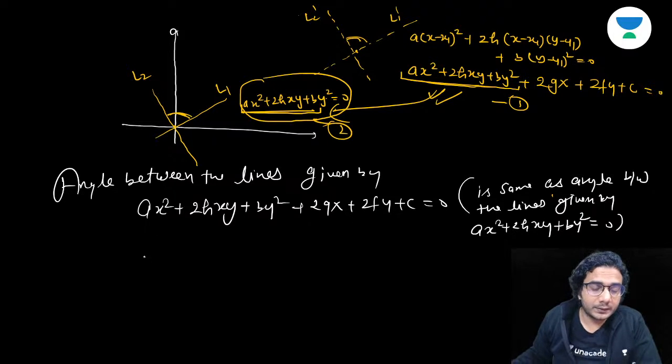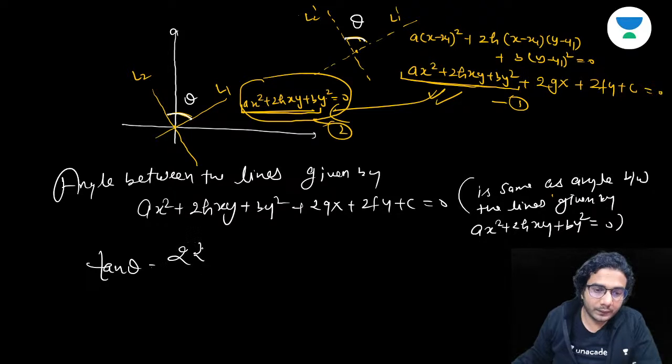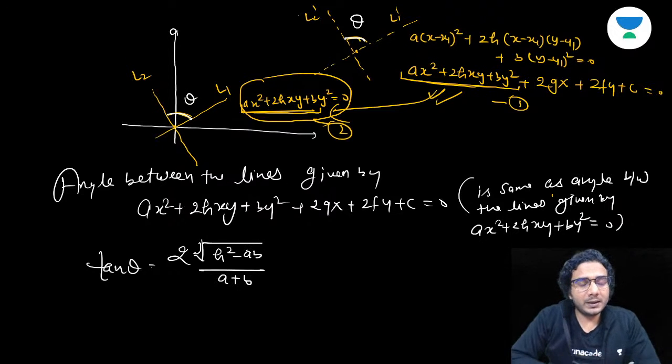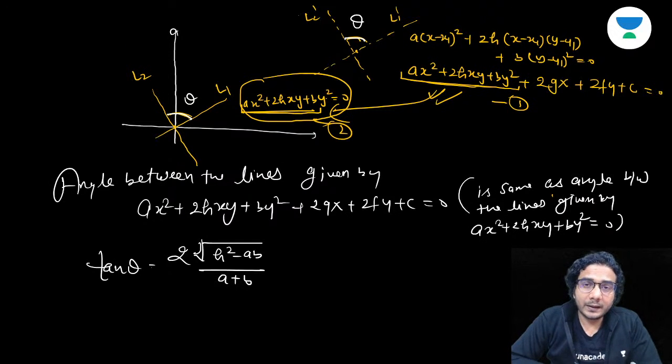So yes, you can apply that formula. This angle is theta and this angle is also theta, so we know tan theta is equal to 2 under root of h square minus ab upon a plus b. That means if the angle between the lines is the same, then the condition of parallel lines and the condition of perpendicular lines will also remain the same.